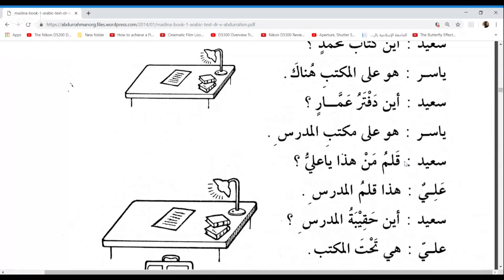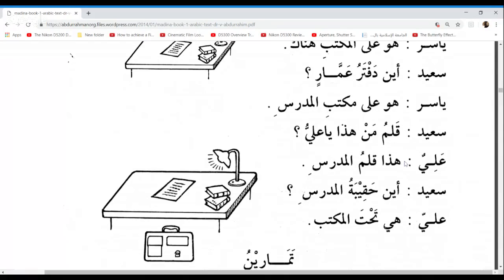Next one. قلم من هذا يا علي؟ Good. Next one. هذا قلم المدرس. Good.